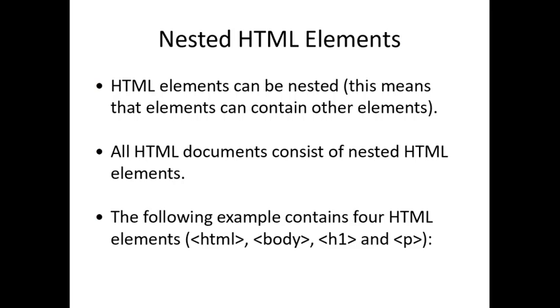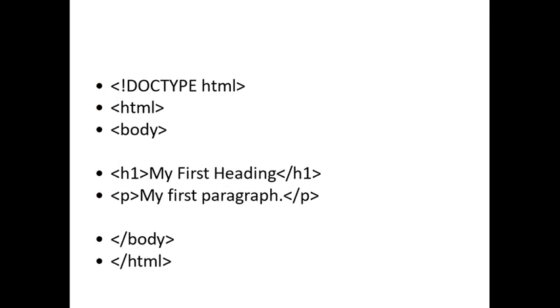Inside the body tag we added two more HTML elements. In this way we can write an HTML document with nested HTML elements. This is the start of html, this is the closing, this is the start of body, this is the closing, and these two, h1 and p, are written inside the body. So this is a small example of nested HTML elements.